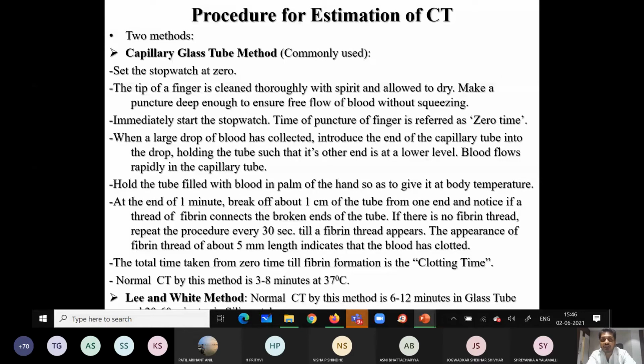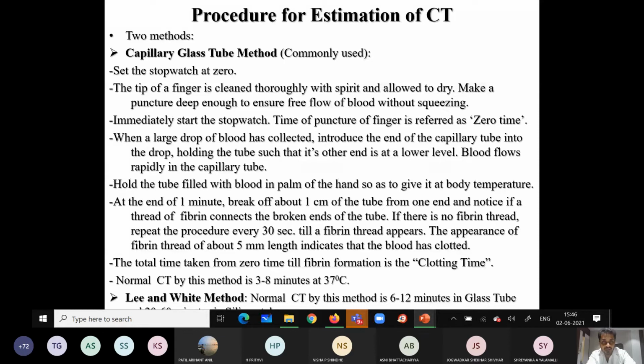So what basically you have to do is puncture the tip of the finger. The blood will come. At that blood, you will just touch the capillary tube, and the blood will go through the capillary tube by the gravitational flow. The time you punctured is 0 time. After 1 minute of puncture, you will break 1 centimeter of the capillary tube.